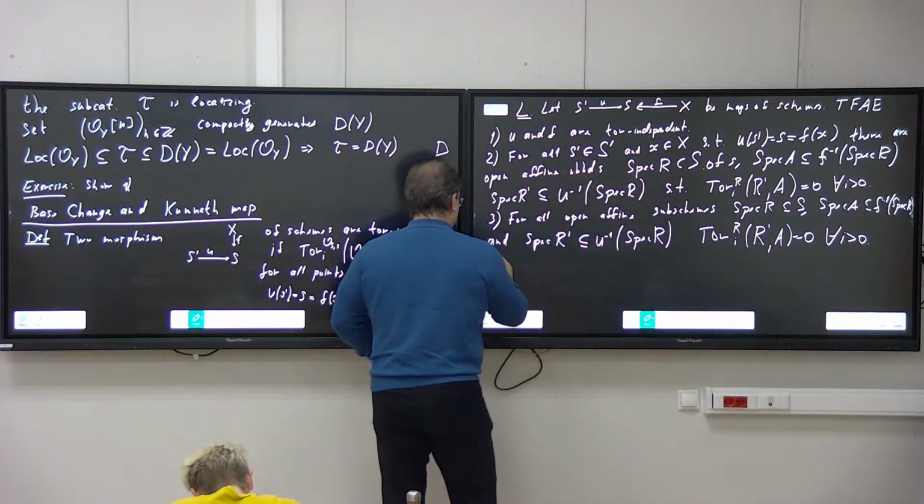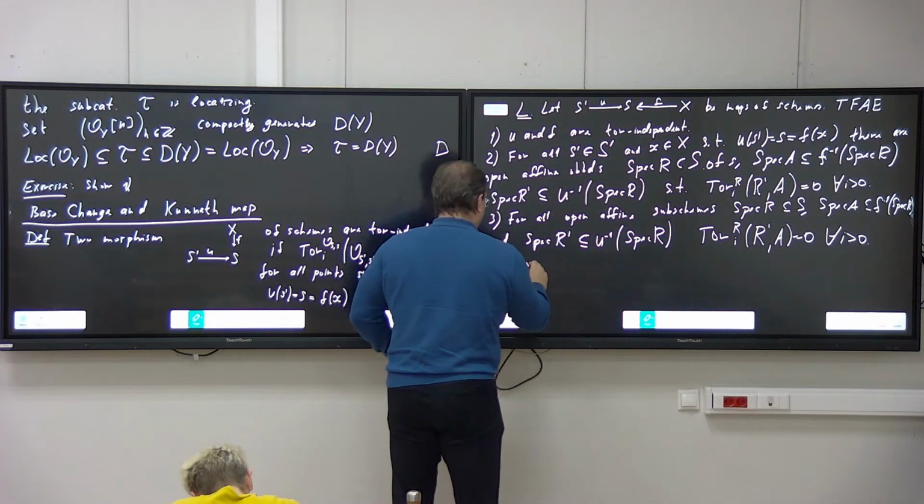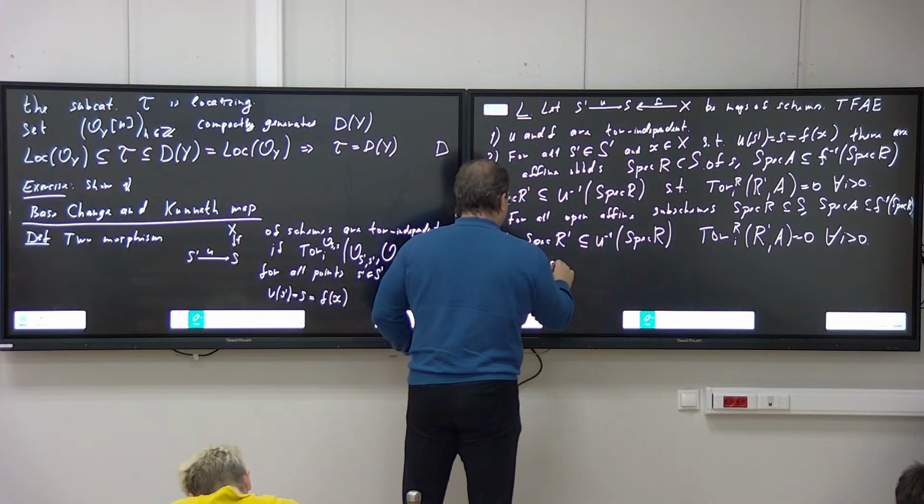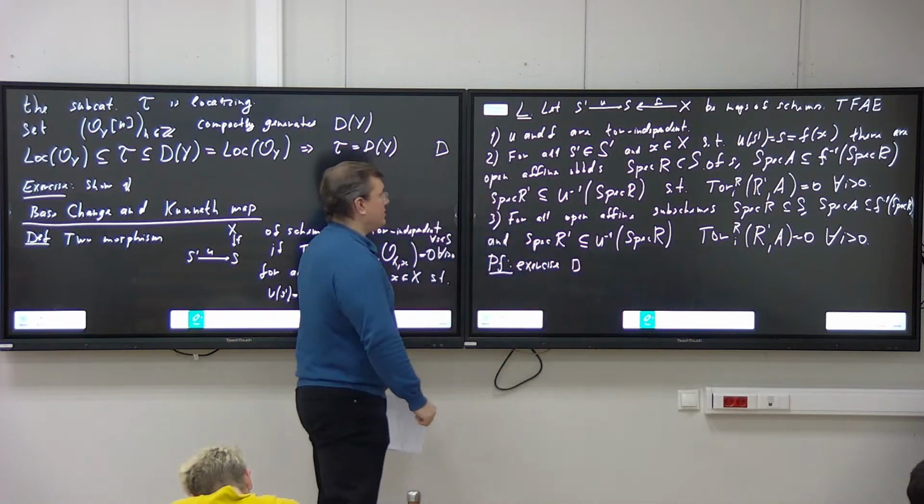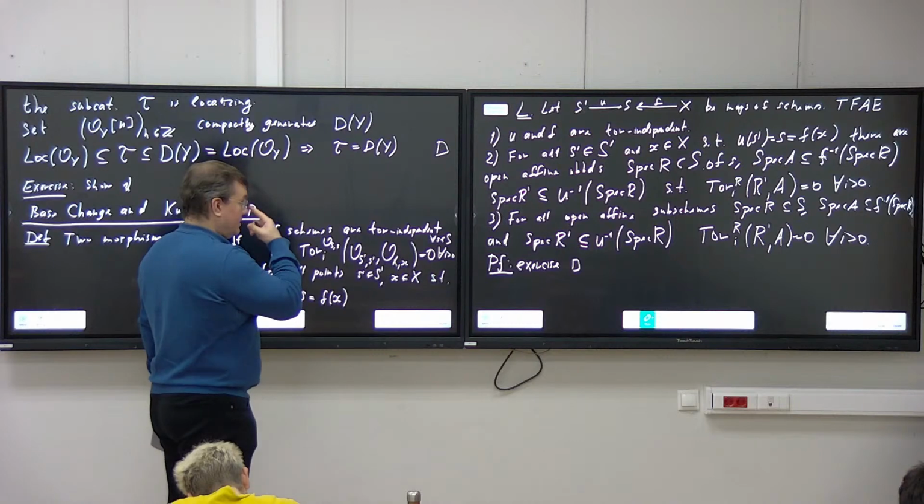Since this proof is just some technical details in more or less standard algebraic geometry, that is an exercise.